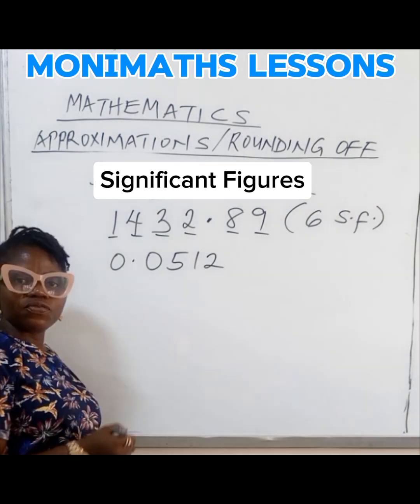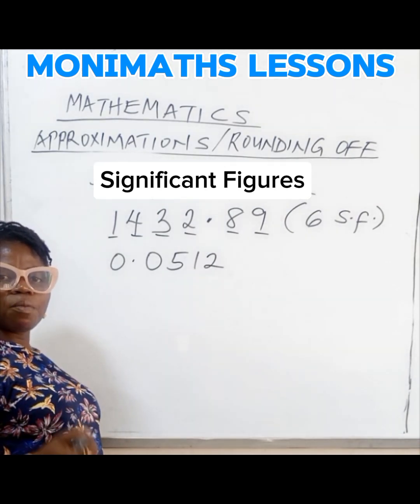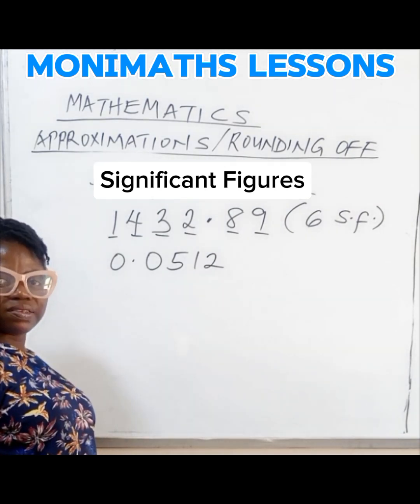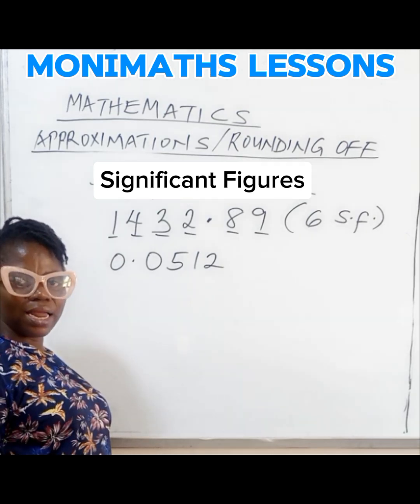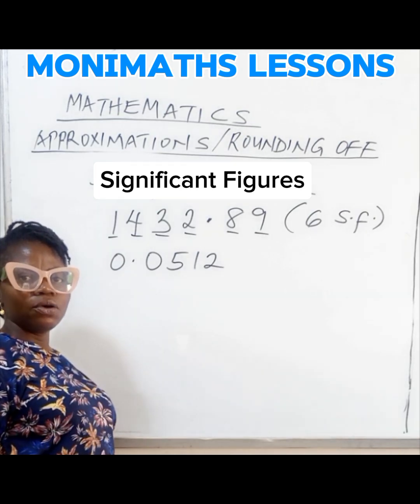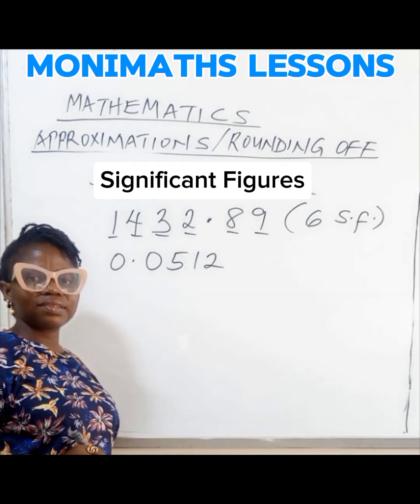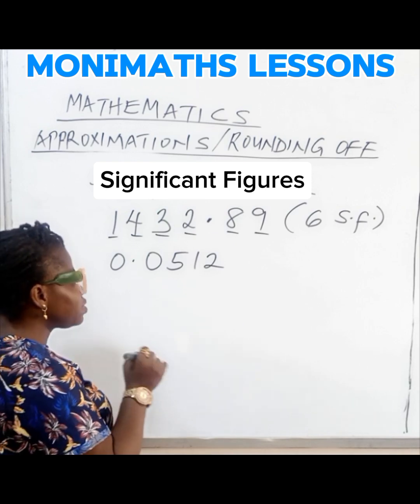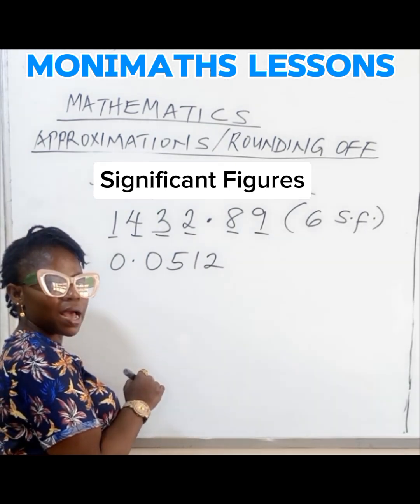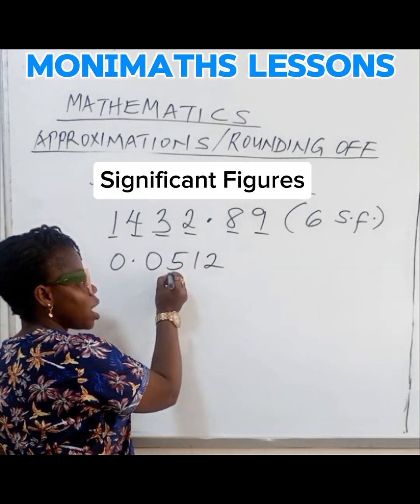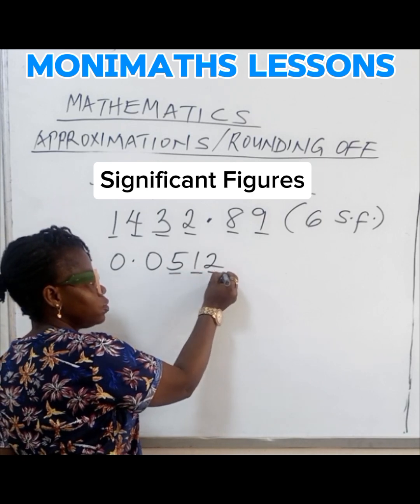For this kind of number, to know the number of significant figures, we have to start from our left and start counting from the first digit that is not 0. The first digit that is not 0 from my left is 5. So I will count 1, 2, 3.